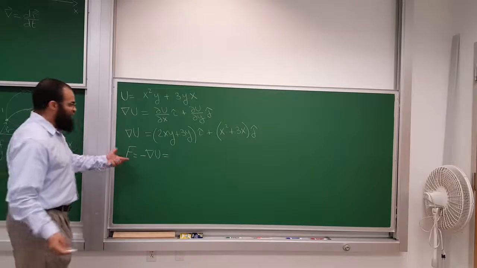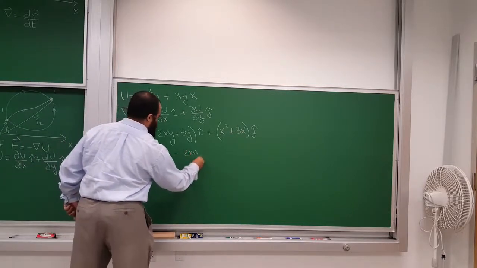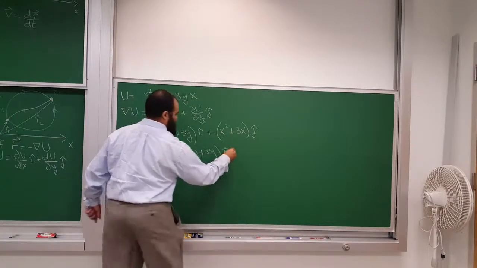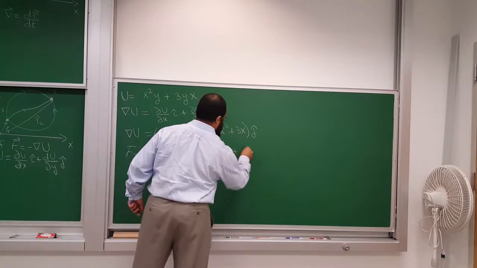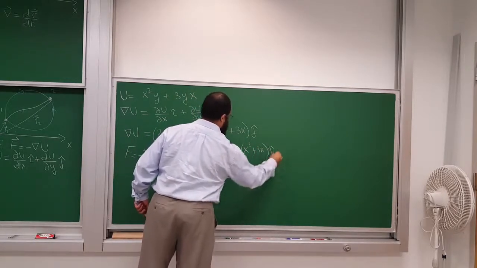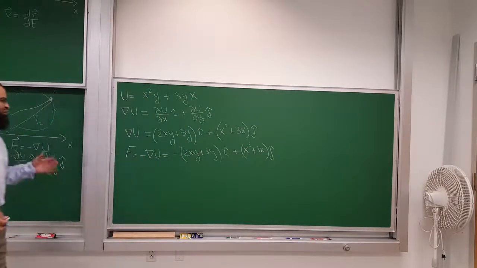So let's say I give you a force, and that force is negative (2xy plus 3y) i hat plus (x squared plus 3x) j hat. This is called a conservative force because it's path independent.